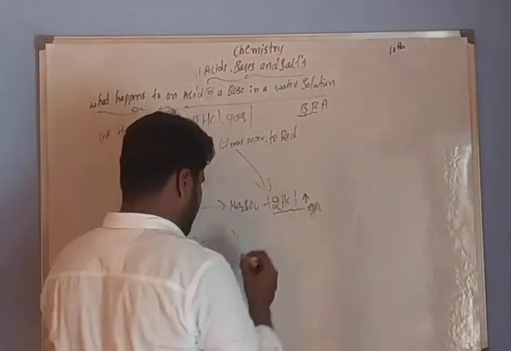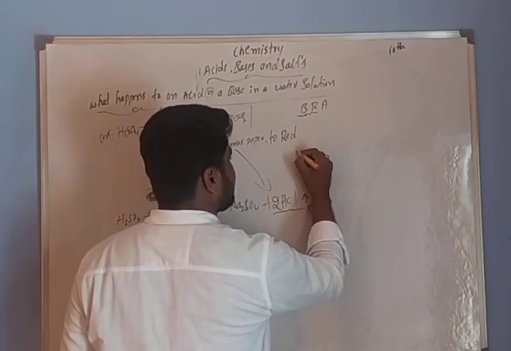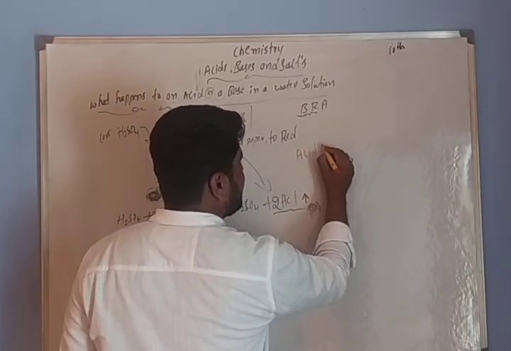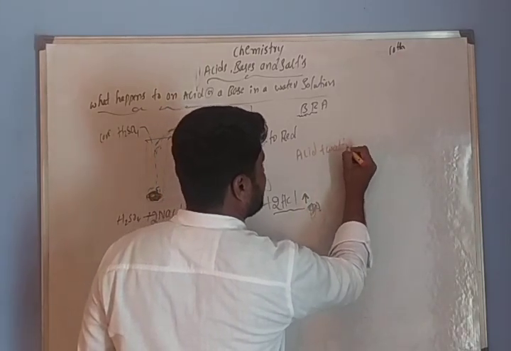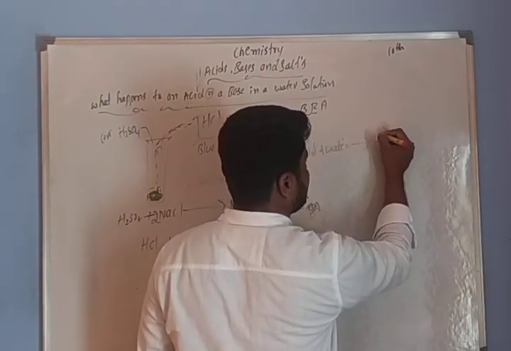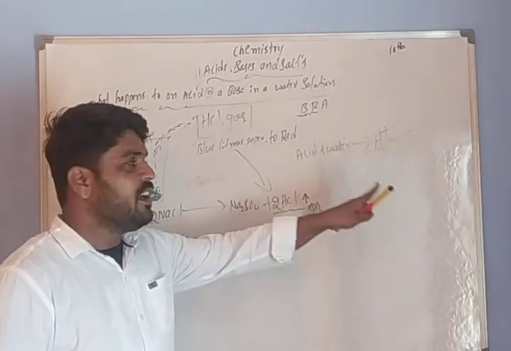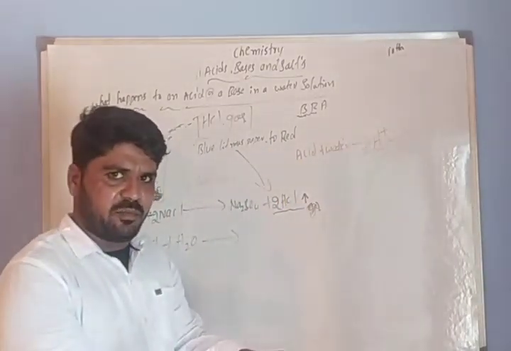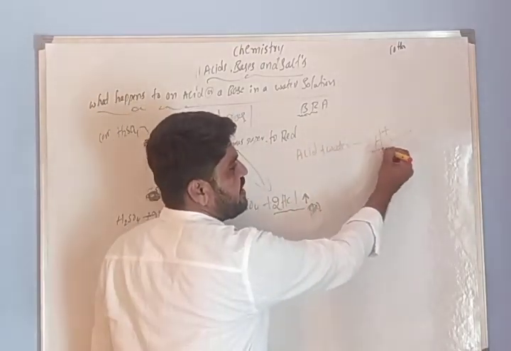So simply I have written the general reaction. General reaction, that is acid plus water gives hydrogen ions, H plus ions. Acid plus water. You can take any acid and react it, which gives hydrogen ions.